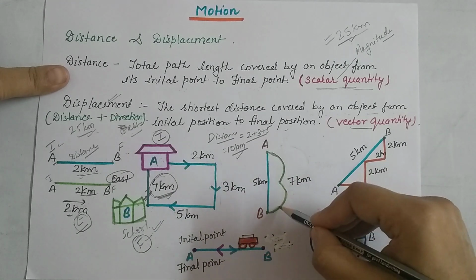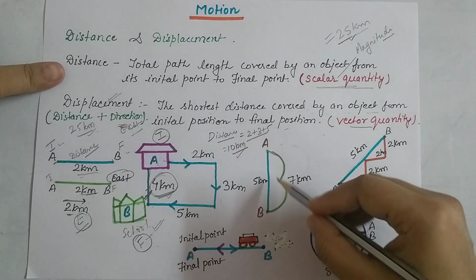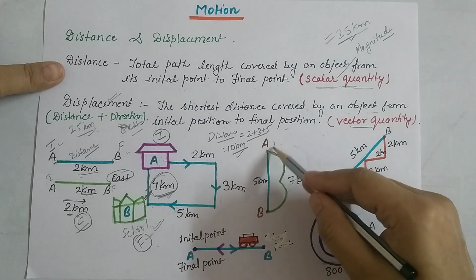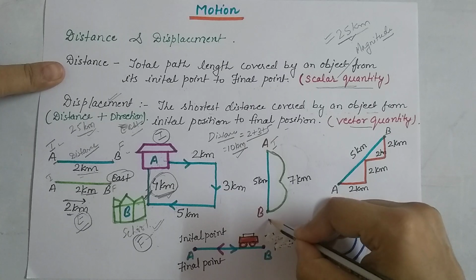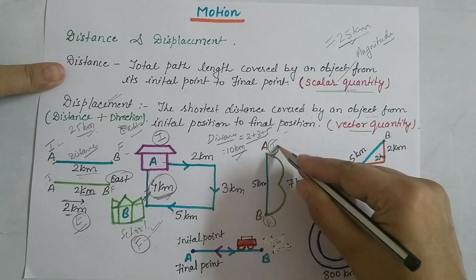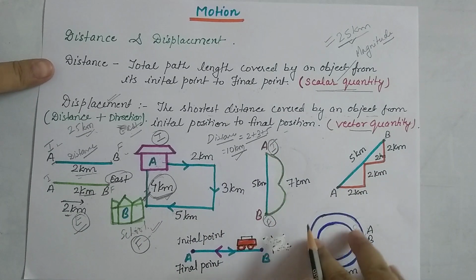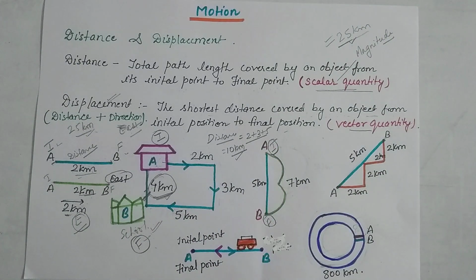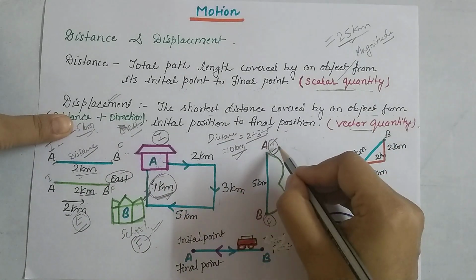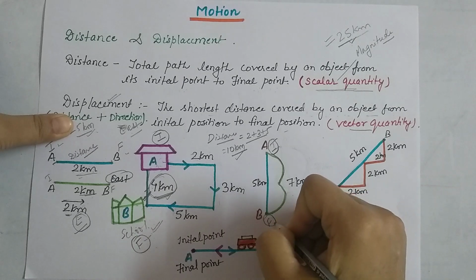Now let's see another example, where a person has to move from an initial point. This is your initial point and this is the final point. Always the position is very important, because you have to start from a particular point and reach some other point. Here A is your initial point, B is your final point.